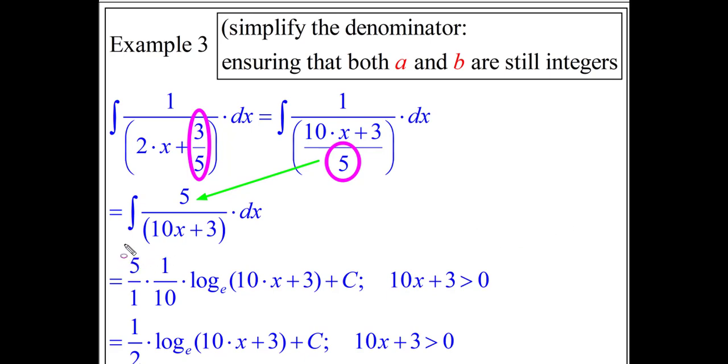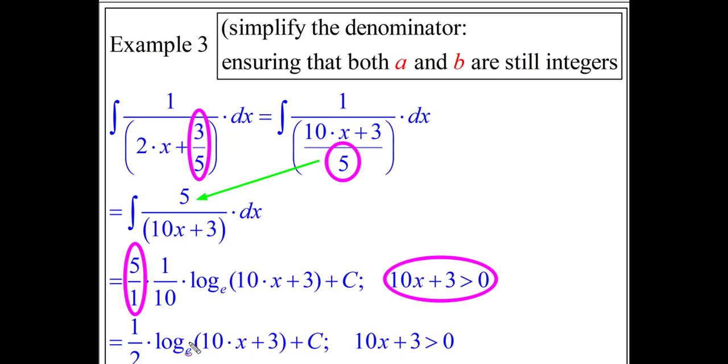And now we'll go and perform the antiderivative. So we'll take 5 common, so 5 outside, and then we'll go and find the antiderivative of 10x plus 3, which is in the denominator, which is going to be 1 over 10 into log of 10x plus 3. So multiplied by the new coefficient of 10x, which is 10.